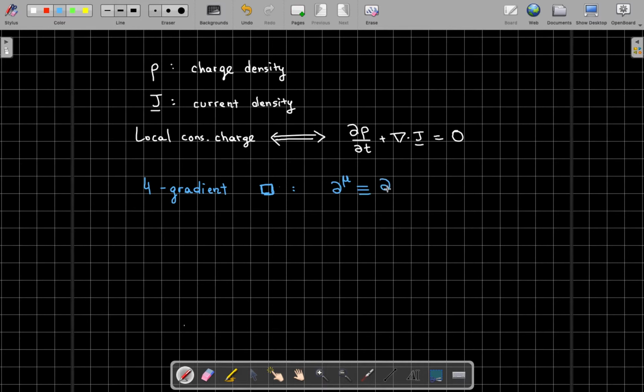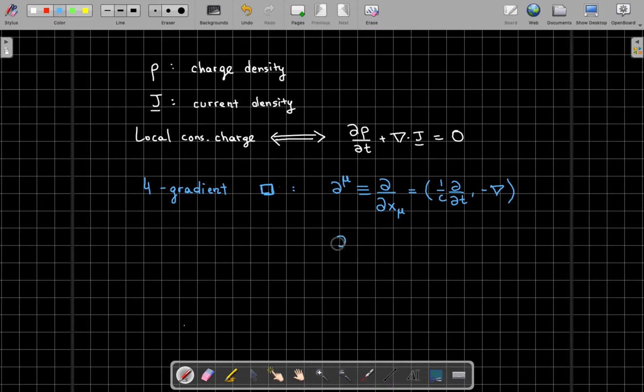These are defined as derivatives with respect to the four-position, but with its covariant components. So the contravariant components of the four-gradient are found by taking derivatives with respect to the covariant components of the position four-vector. And so I'll write this out as 1 over c d/dt, and then minus the typical gradient in spatial dimensions.